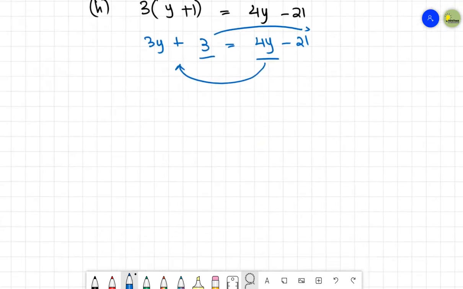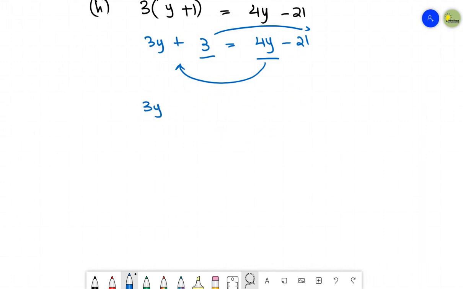You need to arrange the like terms together. So 3y minus 4y equals minus 21, then plus 3 becomes minus 3.